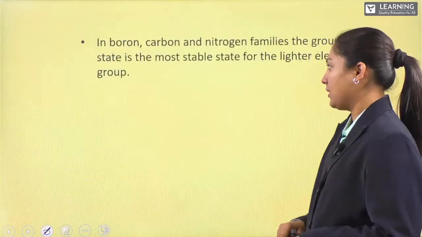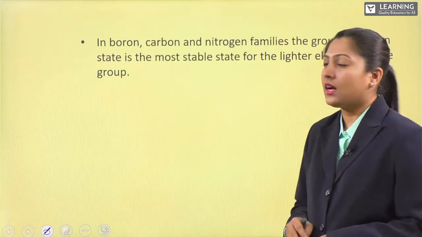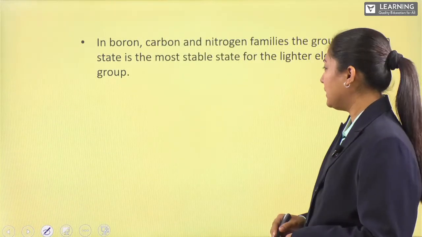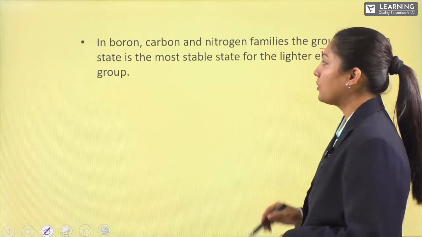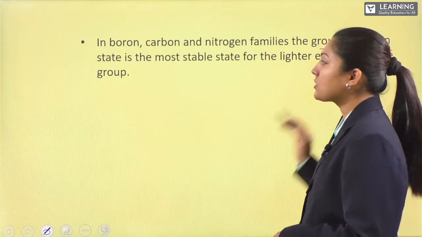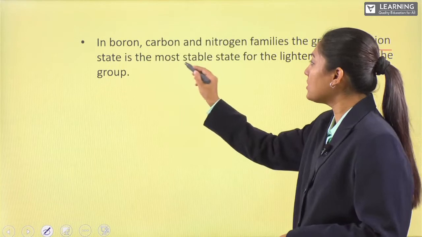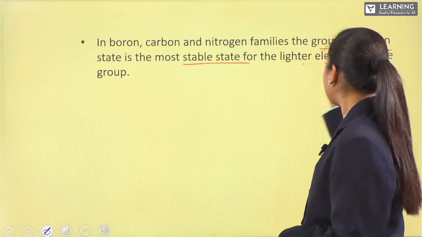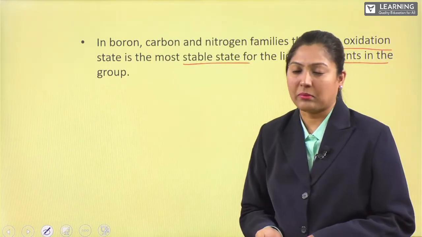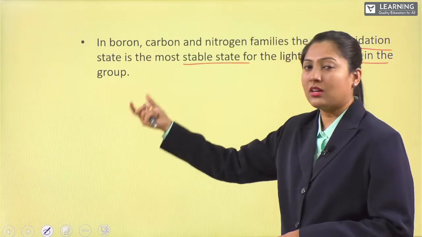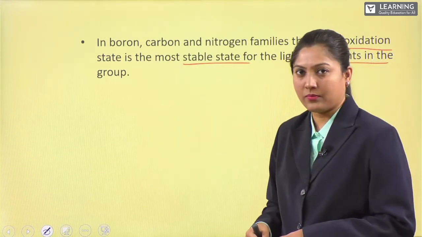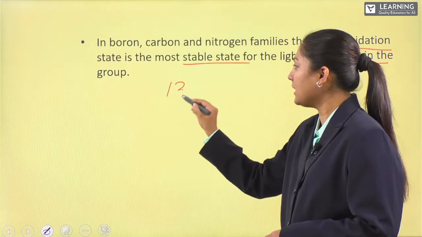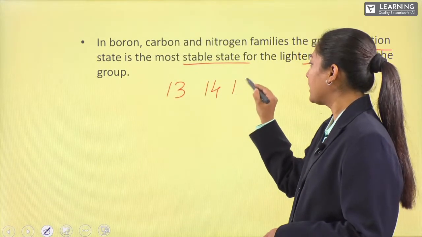Got it? Next. In the boron, carbon and nitrogen families, the group oxidation state is the most stable state for the lighter elements in the group. That means in boron, carbon and nitrogen, we have the 13th, 14th and 15th groups.